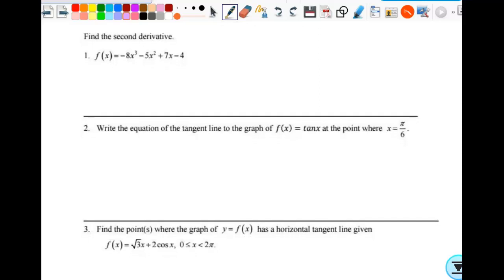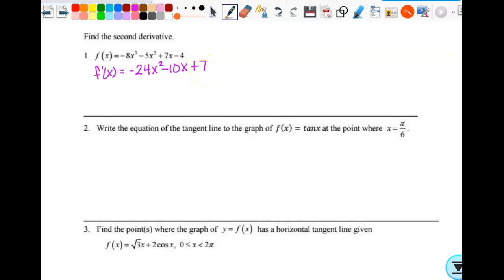Well, we know how to find the derivative, right? So let's find the derivative, f prime of x. Is that pretty easy to do? Yes. So we get -24x squared minus 10x plus 7.